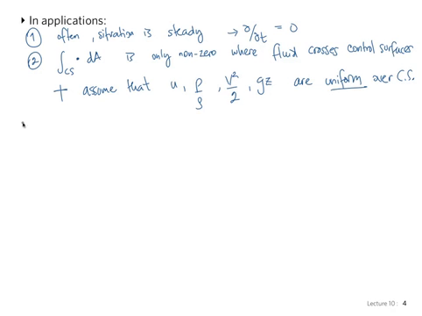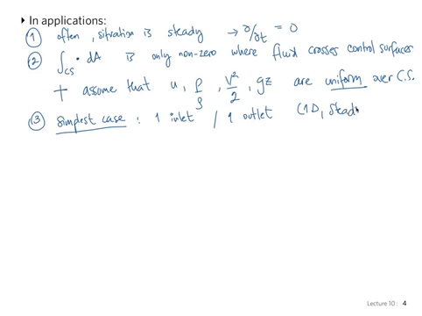And then finally we could have the simplest possible case of one inlet, one outlet. So what would that look like? 1D flow is what we mean. 1D steady flow is the simplest possible situation.